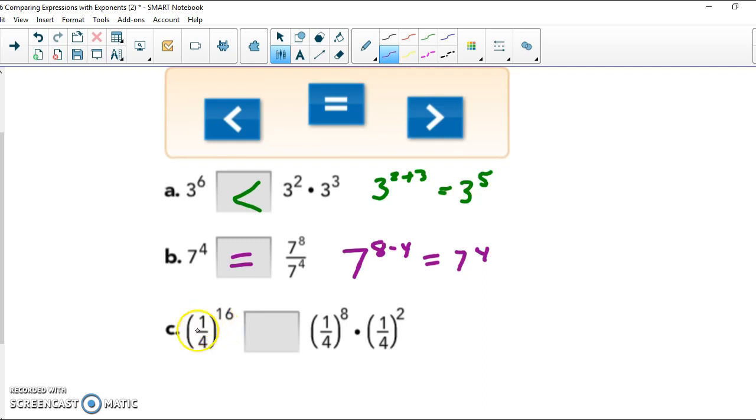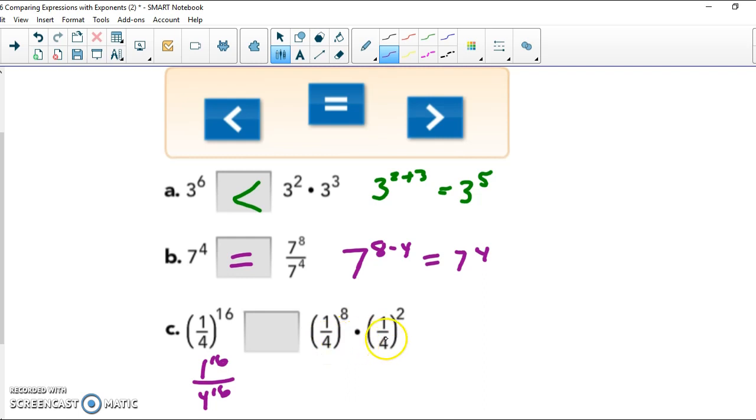And on part C, I have 1/4 to the 16th power. So remember, I am applying this power to the numerator and to the denominator. So this is really like 1 to the 16th over 4 to the 16th, right? On the right-hand side, I have 1/4 to the 8th power times 1/4 squared.